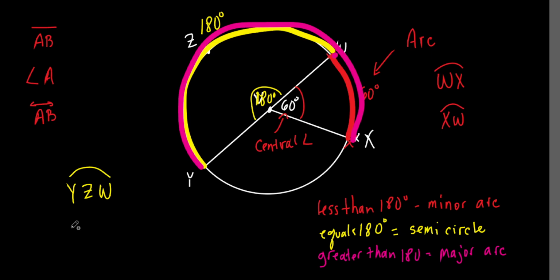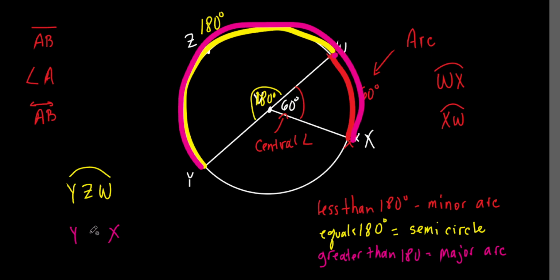So if I started at Y, I actually go through 2 different points, don't I? If I'm going to go from Y to X, I got to go Y, I hit Z, I also hit what? W, that was a W, and then I hit X. So Y and X are going to be the ones on the end. It doesn't matter which one I pick. I could pick Z, I could pick W, it doesn't matter.